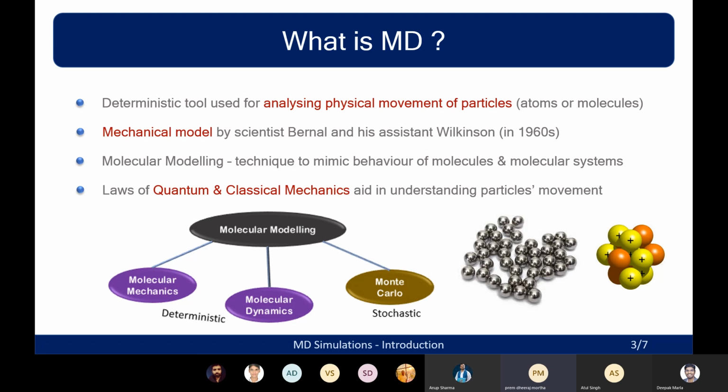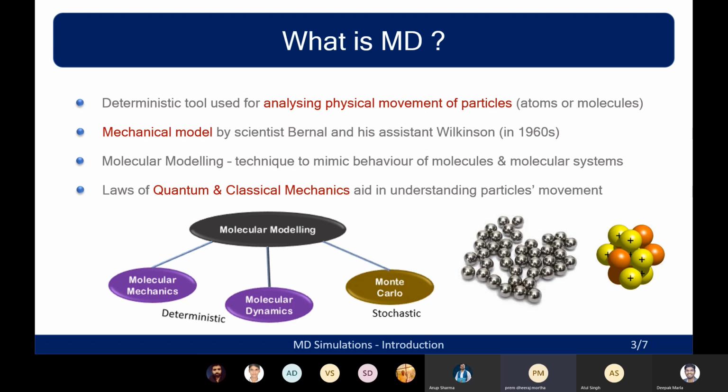So we have to create some sort of modeling techniques, and molecular modeling techniques is what we usually call those that involve modeling the movement of particles like atoms or molecules. These techniques mimic the very behavior of molecules and molecular systems.